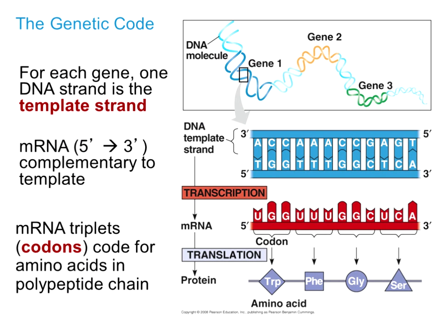So here's an overview. We have up here the genetic code, the DNA molecule in the box here, and you can see that certain parts of the DNA are going to code for different genes.